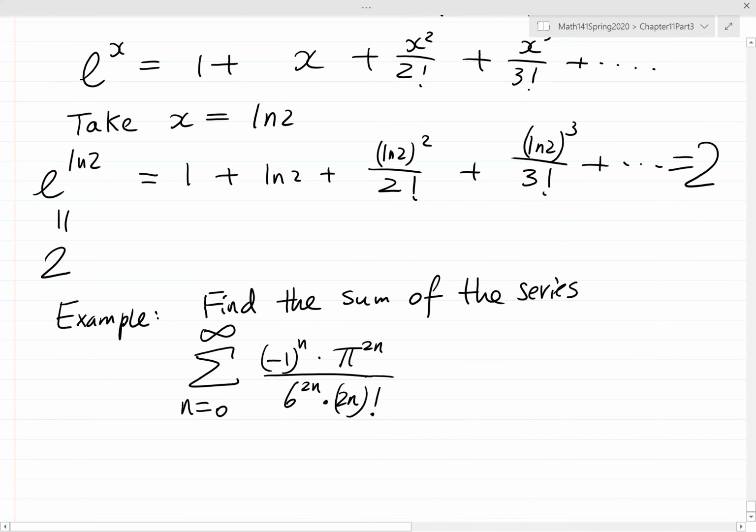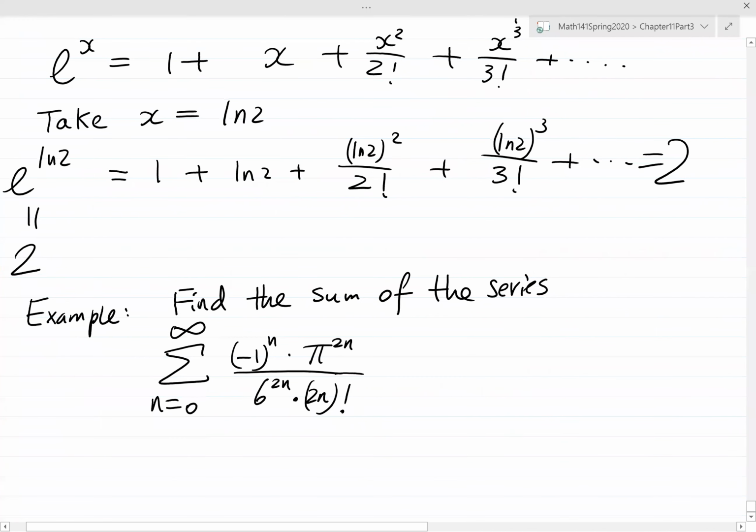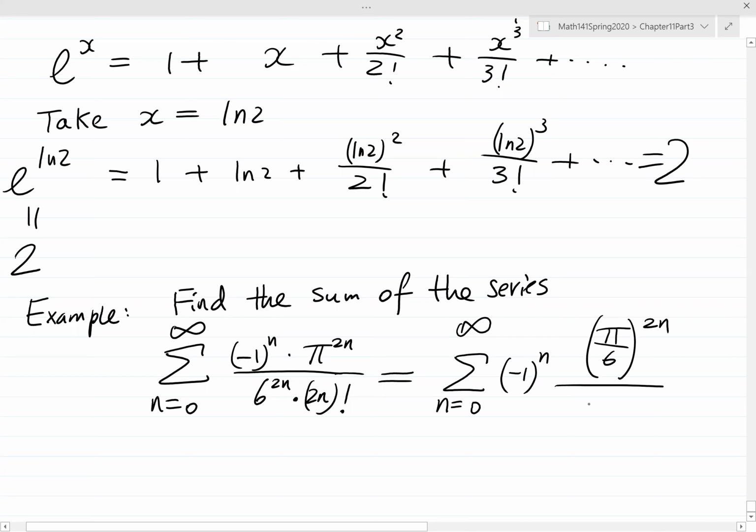Here we have 2n factorial, so all even terms. So if you write this term, n from 0 to infinity, -1 to the n alternating factor, then pi to the power 2n over 6 to the power 2n. So you get pi over 6 to the power 2n over 2n factorial.